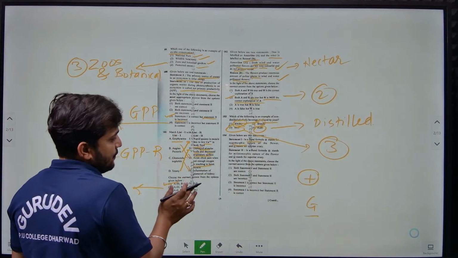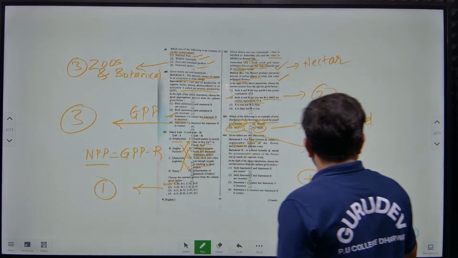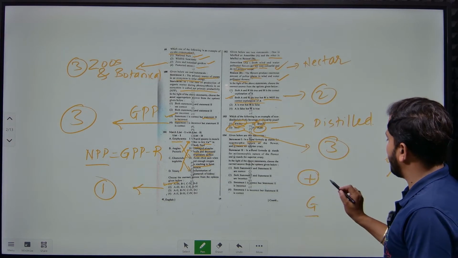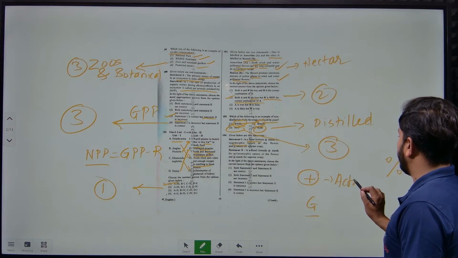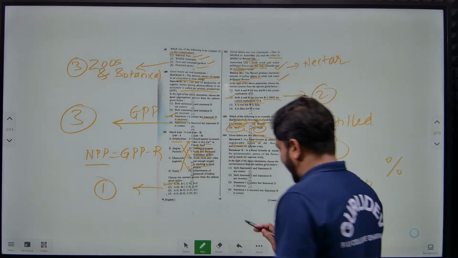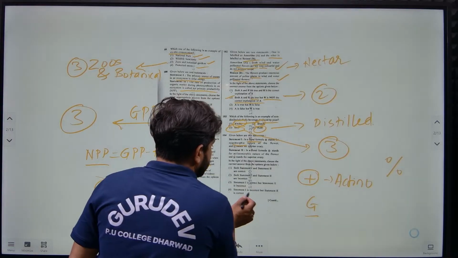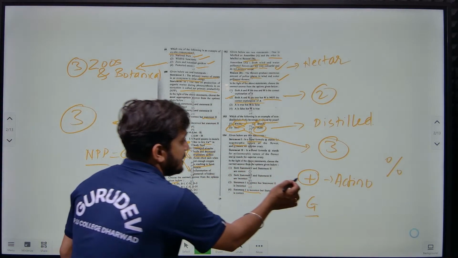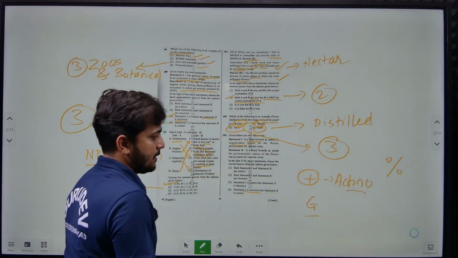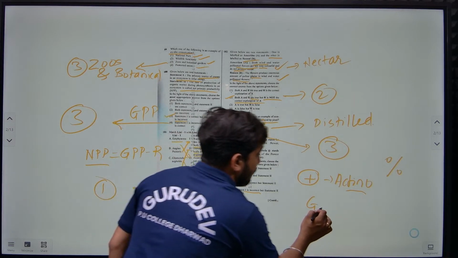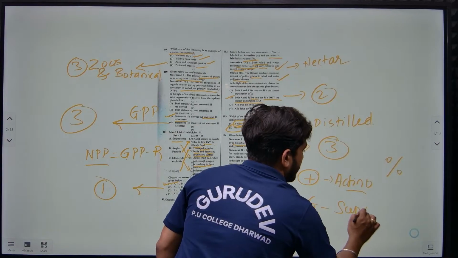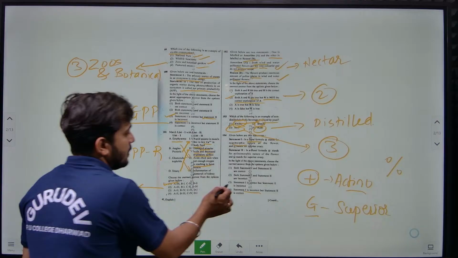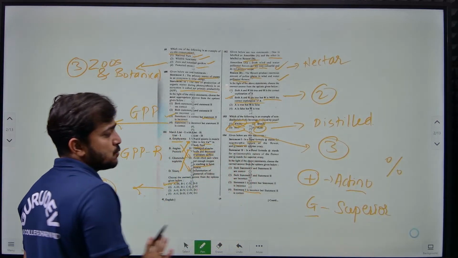So according to this, if you consider, the zygomorphic flower has a different symbol, and this is for the actinomorphic, right? So based on that, statement 1 is incorrect, because this symbol is for actinomorphic, right? And G dash is for superior ovary, not for inferior ovary, right? So according to this, statement 1 is incorrect.